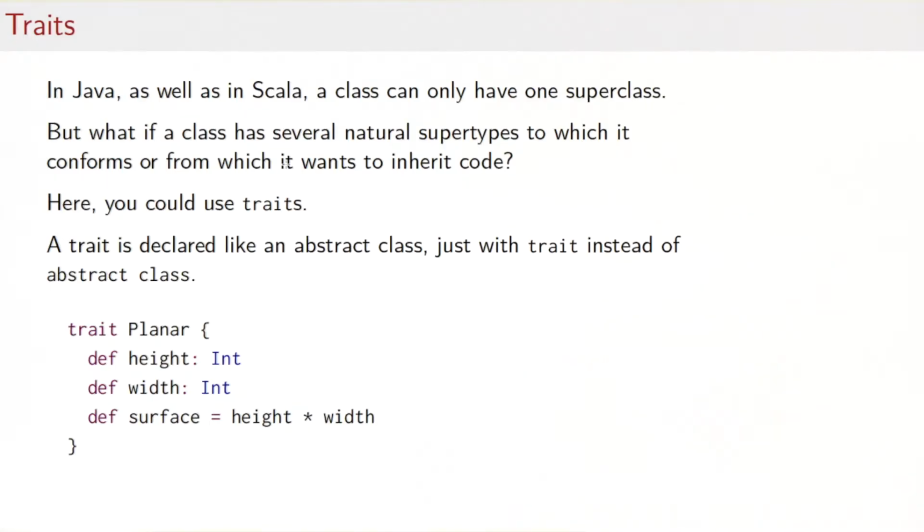Now, if you have browsed a little bit the Scaladoc, then you probably will have come across a set of pages that describe traits, and you might ask, well, what is a trait? Well, in Java, as well as in Scala, a class can only have one superclass. We say for this scheme, it's a single inheritance language.